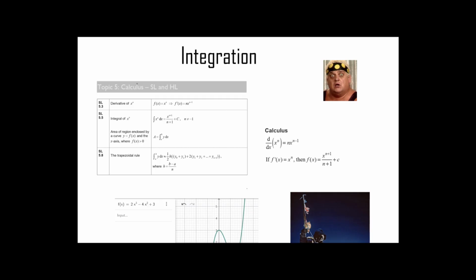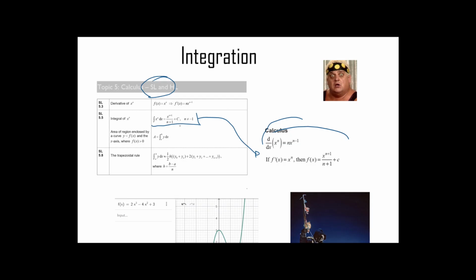But this is the IB formula, and this is the NCEA formula. So you'll see that the formulae are pretty much identical for integration. That's integration there, and that's integration there.